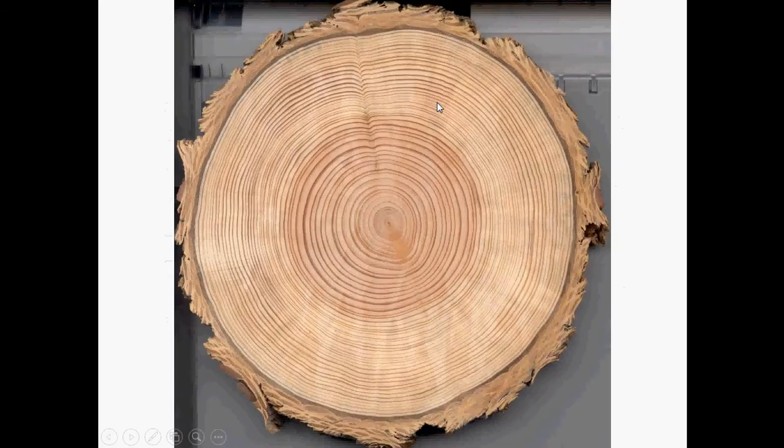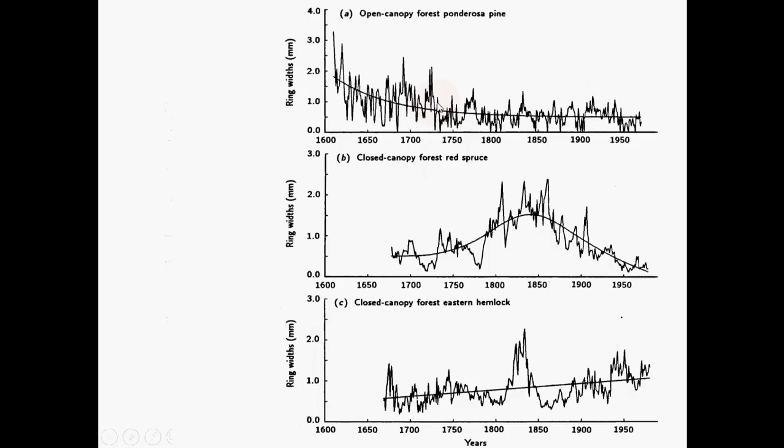So how do we do that? We fit a function to the ring width series, and then we create what's called an index, a ring width index. For instance, in the top panel here is a tree that has that age-related growth trend. It's a negative exponential curve that we can fit to that series.